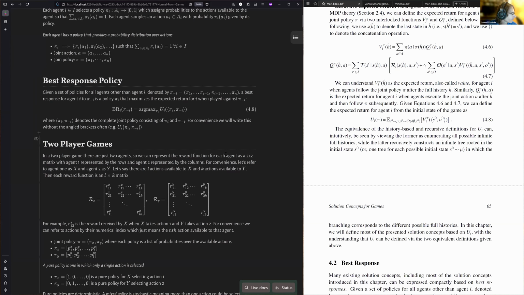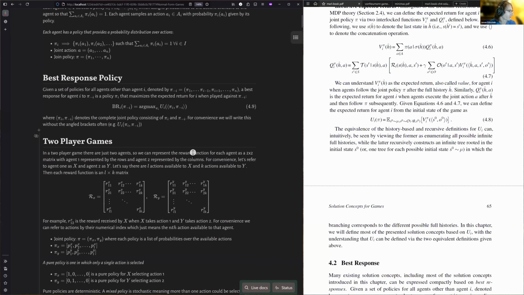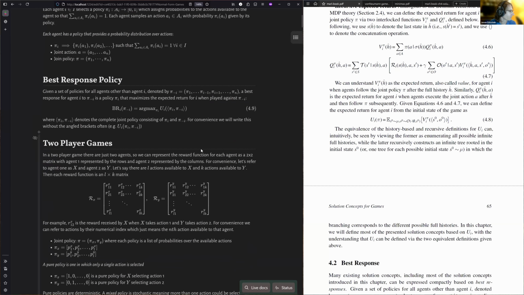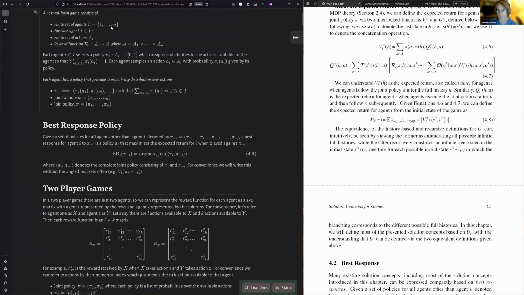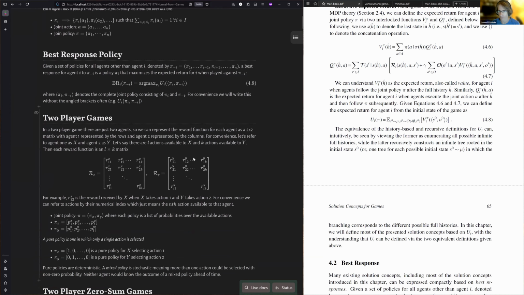Right? Okay. So now to make things a little simpler, let's just consider 2-player games. So in a 2-player game, right, n is 2. So we only have 2 agents, and now we can represent the reward function as a 2x2 matrix, where, like let's say I'm going to label the 2 players x and y. Okay, so this is r sub x, r sub y. This is the reward for this game for player x.